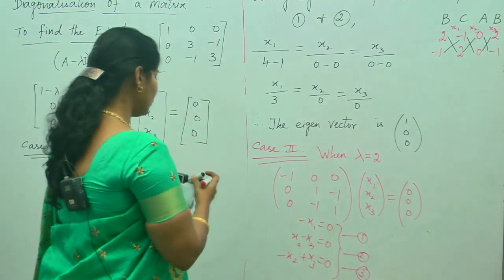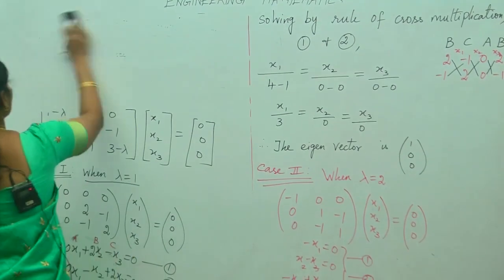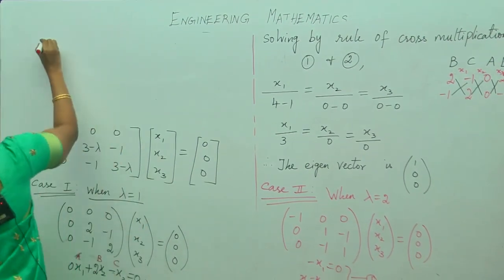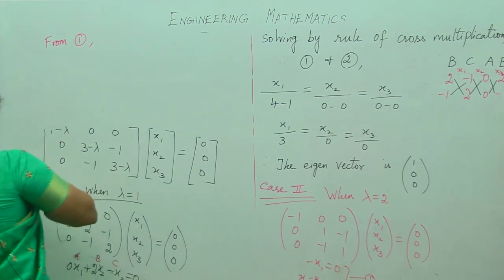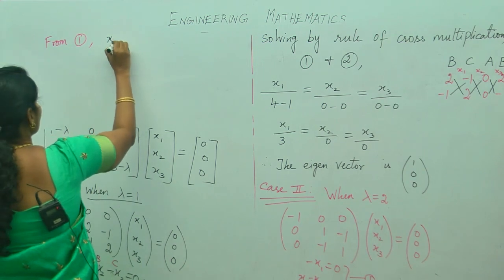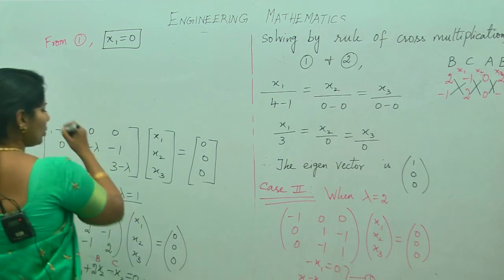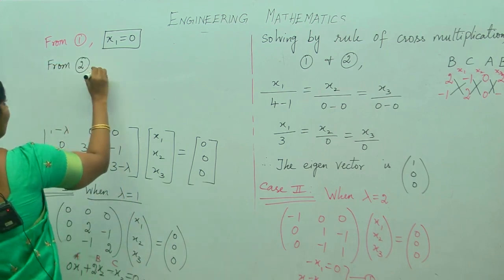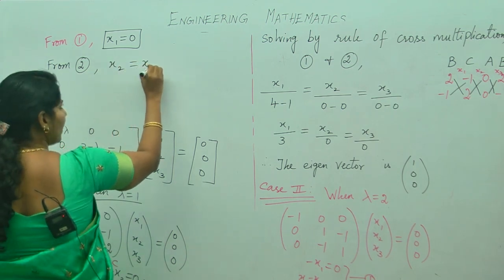Now solving this, we need to get the values of x1, x2 and x3. So from 1 we can say that x1 is equal to 0. From equation 2 we can write x2 is equal to x3.